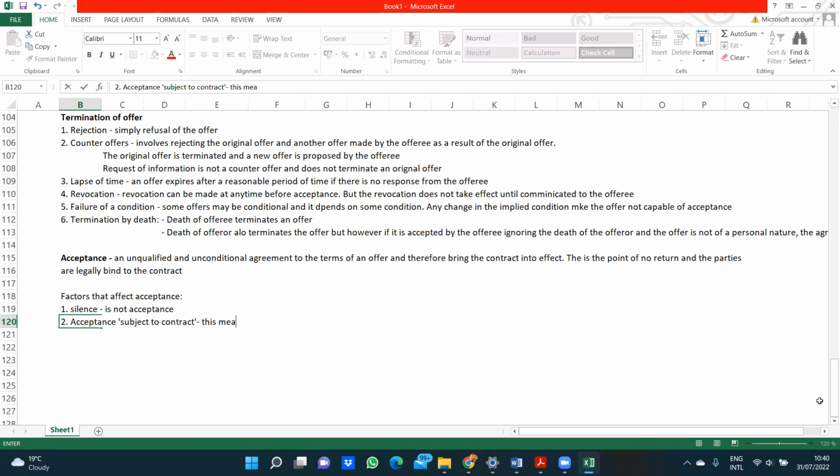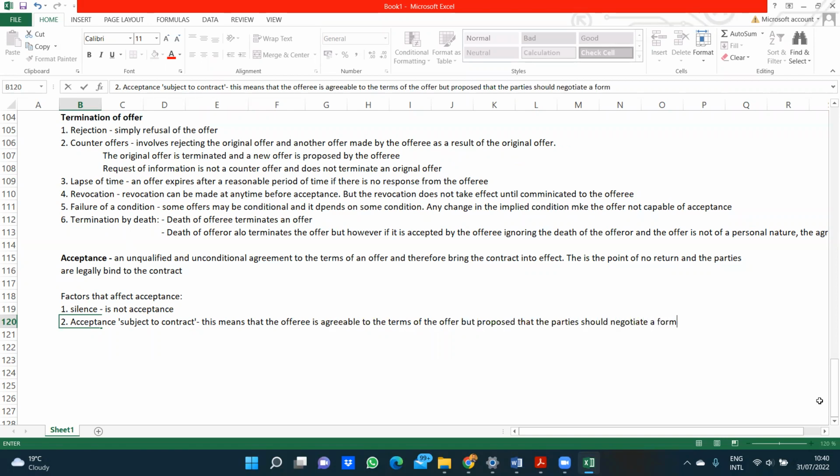This means that the offeree is agreeable to the terms of the offer, but proposes that the parties should negotiate a formal contract.